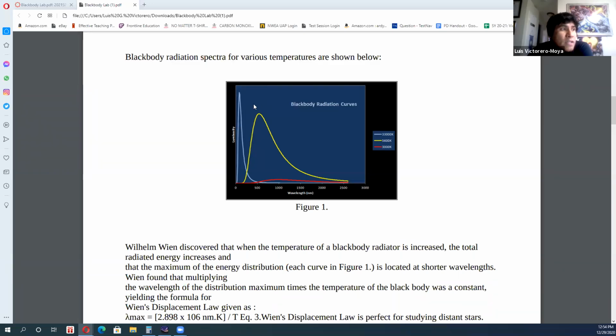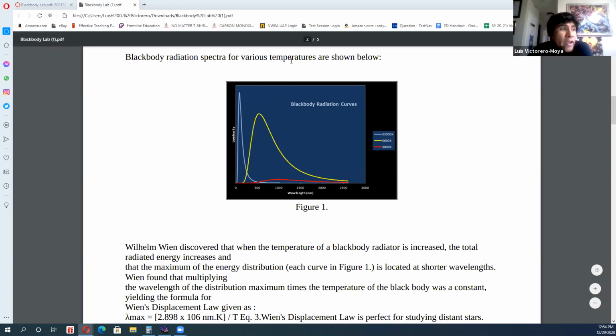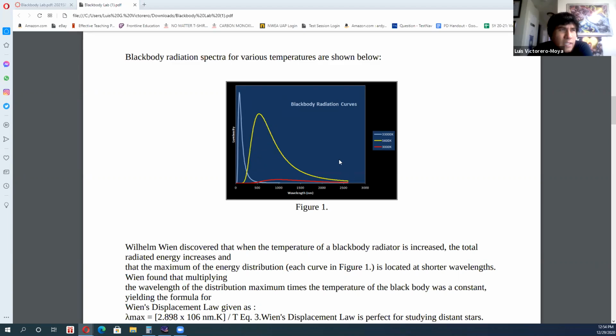This shows you the ultraviolet catastrophe. In classical models, as you go farther with wavelength, you would get a higher intensity or luminosity. That's not the case because you have an inflection point here, and then the curve comes down.